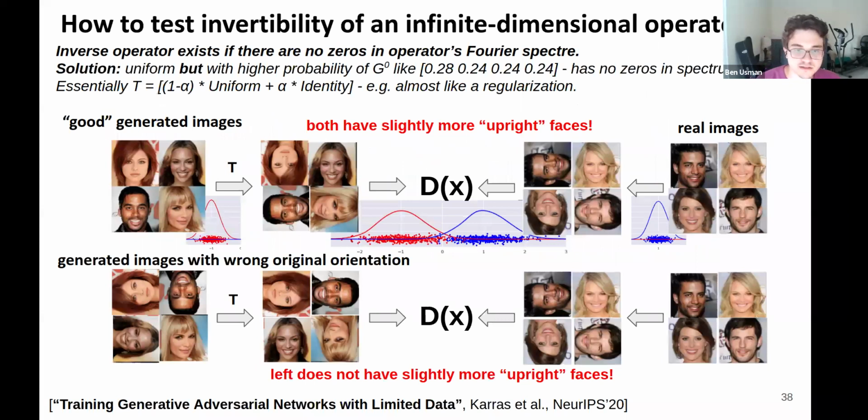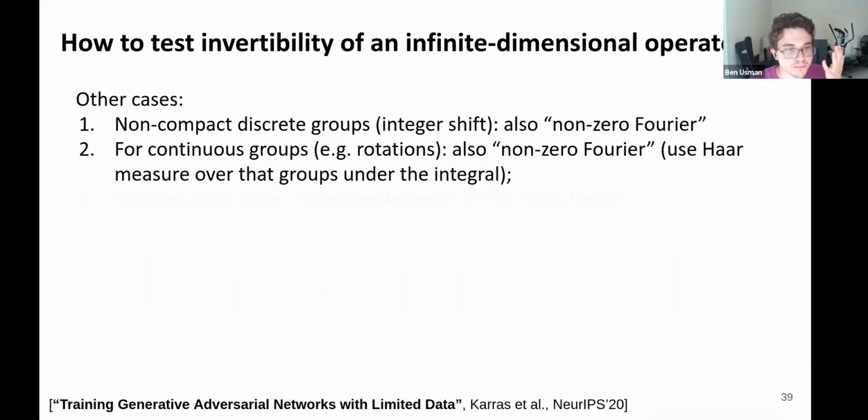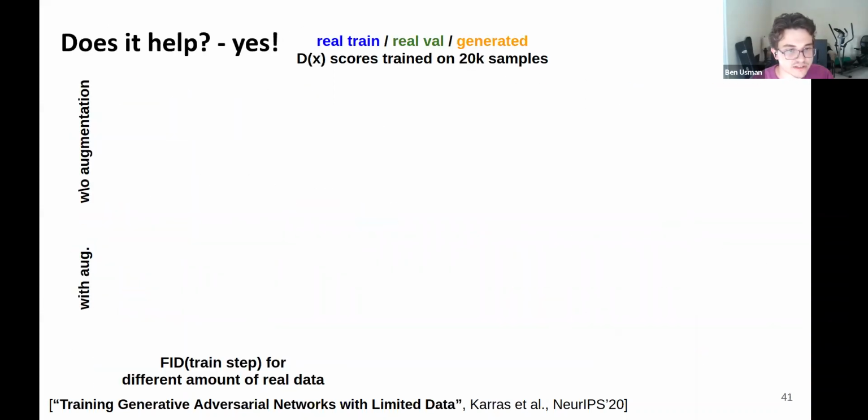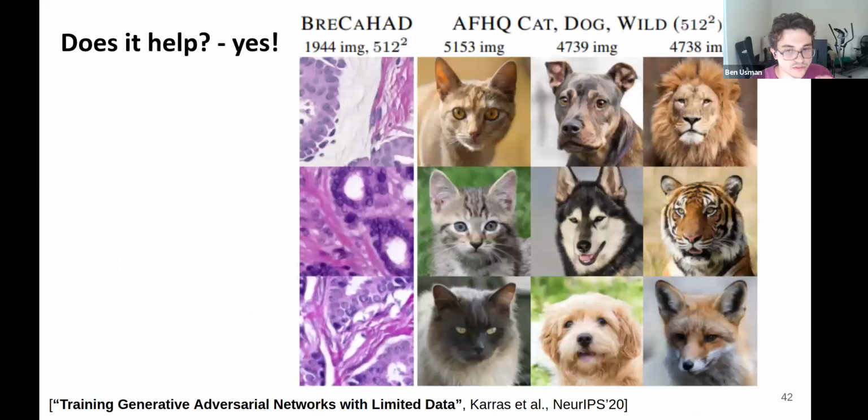Does it answer the question? And it's really cool because nobody before was able to train a high-res GAN with this quality of images on such tiny data sets of just a couple of thousand images.